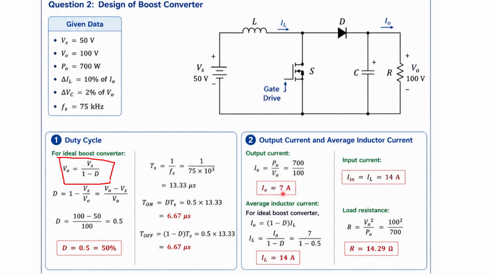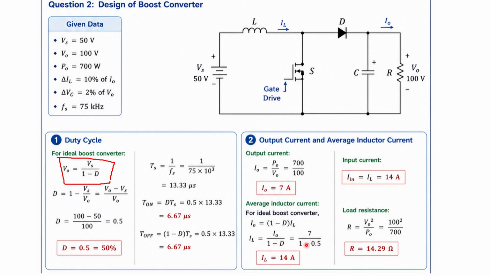Now we have to calculate the average inductor current. The average inductor current of a boost converter can be calculated by I0 is equal to 1 minus D into IL. So IL can be written as I0 upon 1 minus D. So I0 is 7 ampere divided by 1 minus D, which is 0.5.